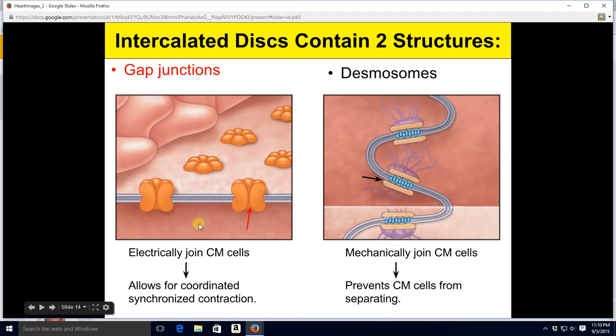That electrically joins the cells, allows them to synchronize their depolarization and their contraction, which is the only way they're going to be able to generate enough force to move blood. Meanwhile, we have proteinaceous zippers that lock cells together mechanically, preventing them from tearing away from one another during a powerful contraction. So that's our intercalated discs.